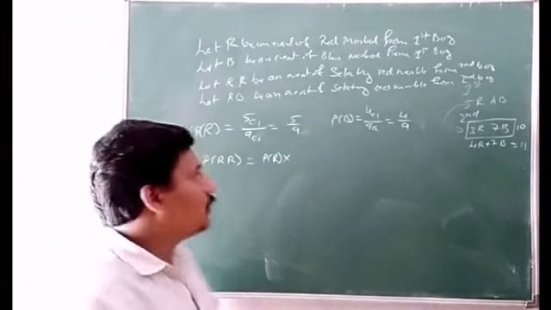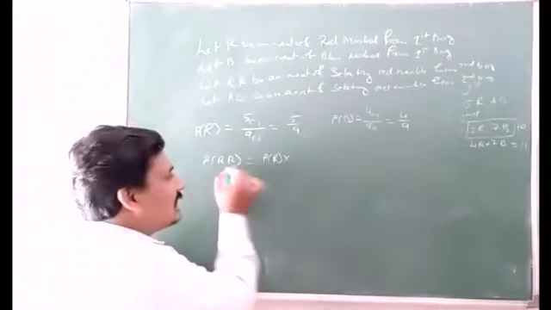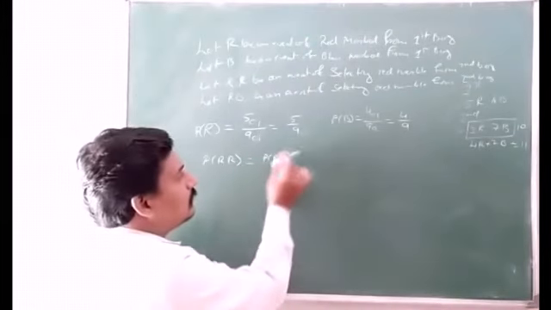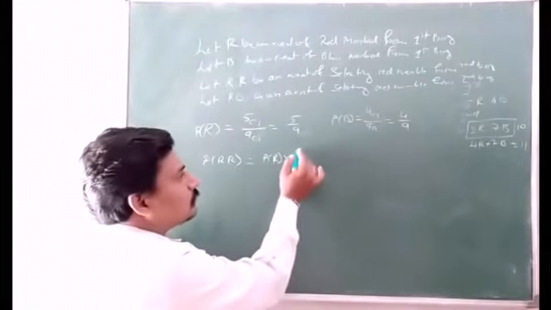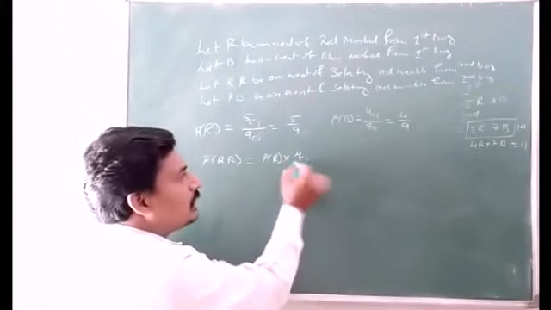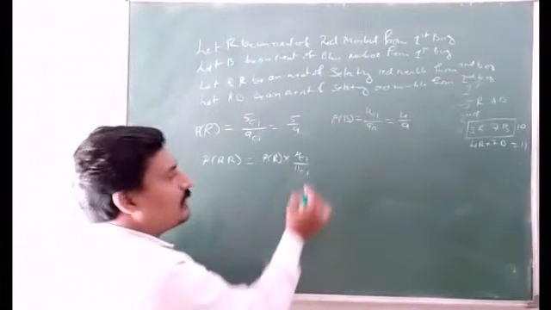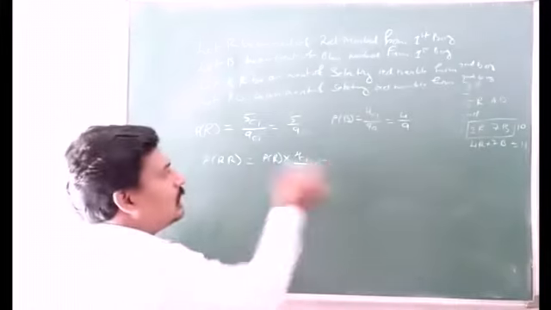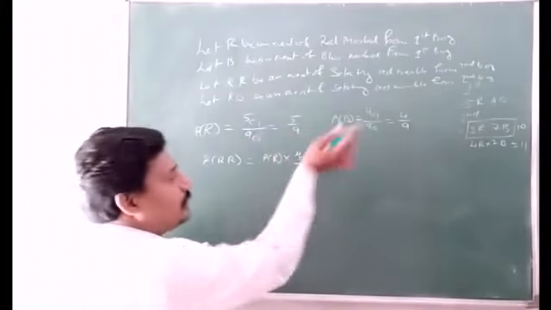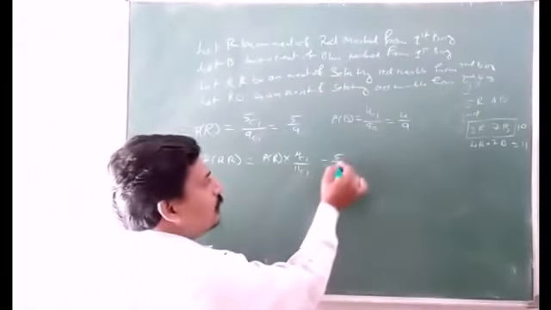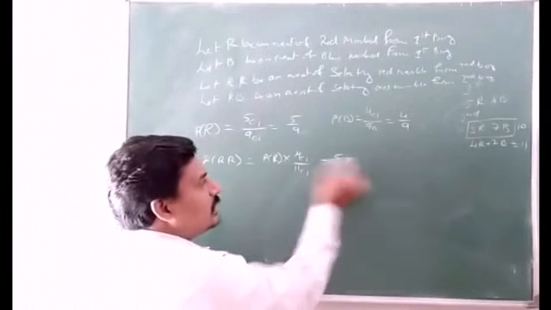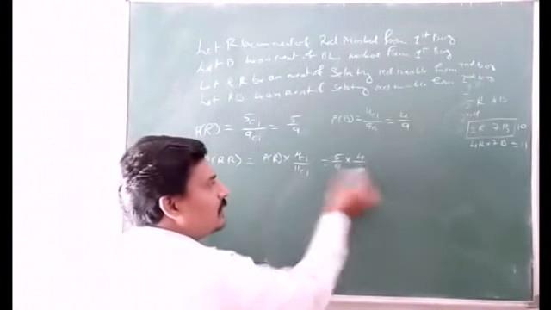Okay, so selecting red marble is 4C1 divided by 11C1, that is probability of selecting red marble from first bag is 5 by 9 into 4C1 is 4 divided by 11C1 is 11.